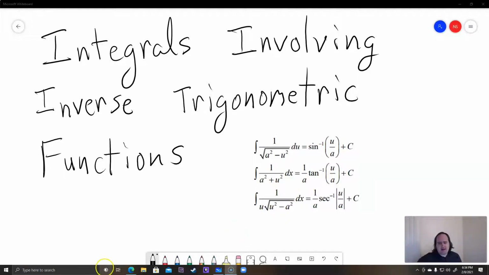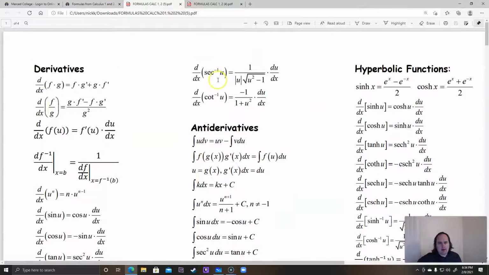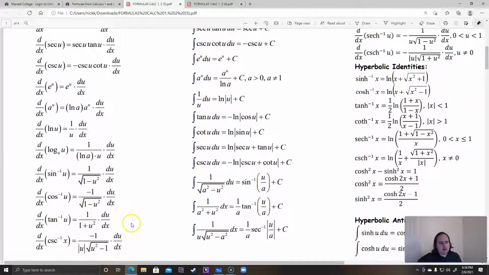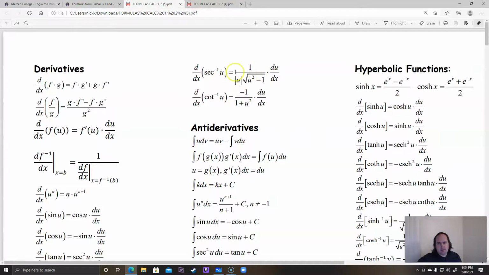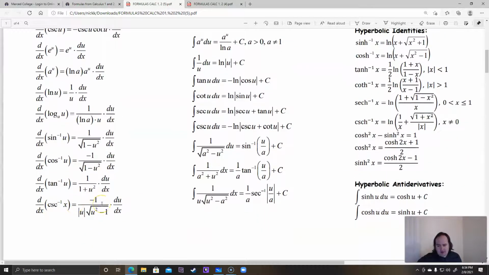The reason for that is if you look back at the formulas in your formula sheet for derivatives, sine inverse and cosine inverse derivatives only differed by a minus. Tan inverse and cotangent inverse also only differed by a minus, and secant inverse and cosecant inverse also only differed by a minus.